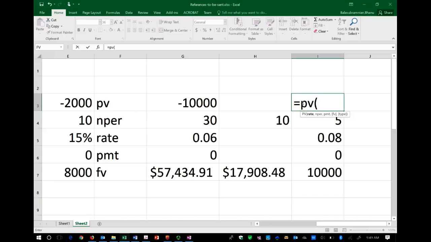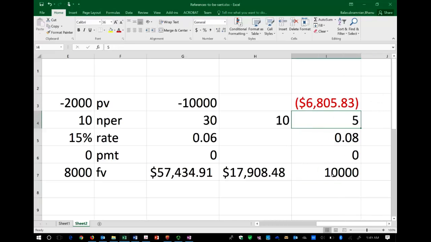right. Present value is equal to rate, number of period, payment, and future value. 0 is the same, I am receiving at the end of the period. So, the $10,000 that I am going to receive at the end of 5th year is worth only 6,805.83.